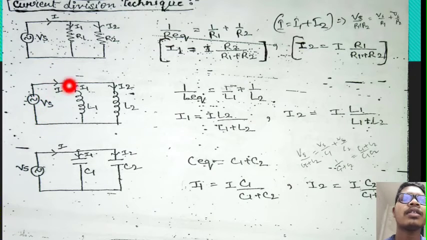So this voltage source is connected in parallel to the two inductances. So the current will be divided into I1 and I2 currents. Like in the resistance case, here also if you want to find the current across L1, then it is I into the opposite arm inductance L2 divided by the total inductance L1 plus L2. Like that, if you want to find the I2 current, then it is the total current into the opposite arm inductance, that one is L1, divided by the total inductance L1 plus L2. Okay, so got it?